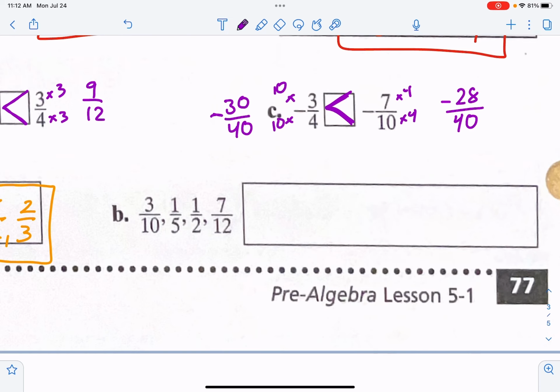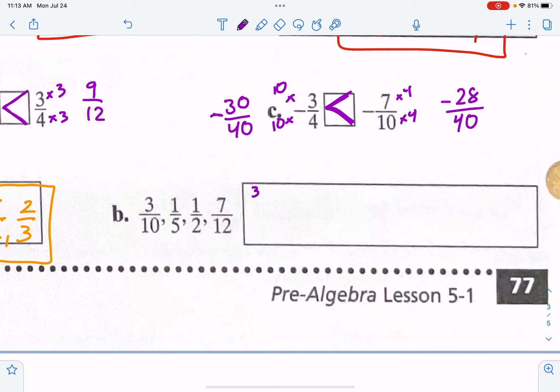Okay, so looking at this, we have a denominator of 10, 5, 2, and 12. Okay, if you made trees and you figured out your least common multiple would be 60. So you're going to use 60 as your least common denominator.